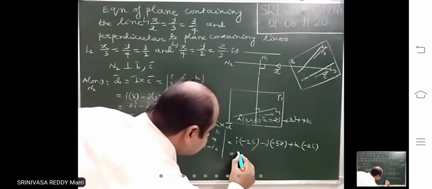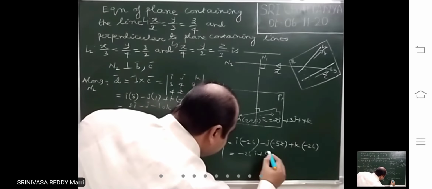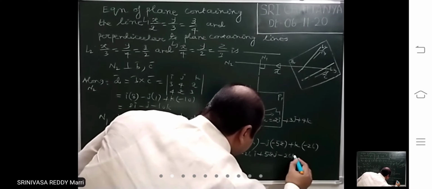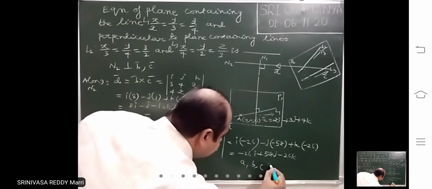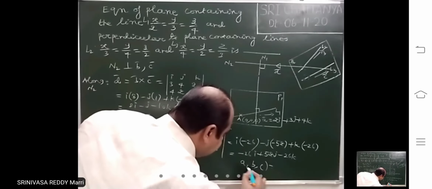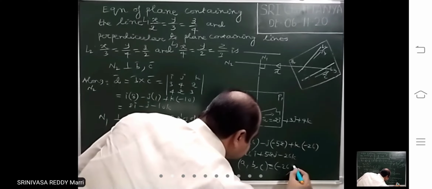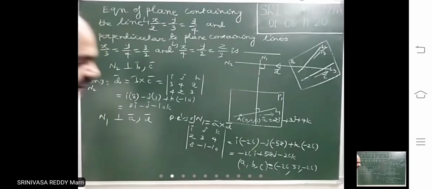So take minus 26i plus 52j minus 26k. What are these? A, B, C DRs. That means minus 26, 52, minus 26.